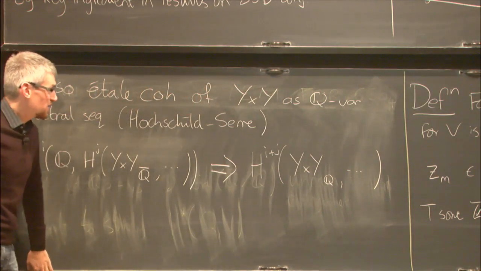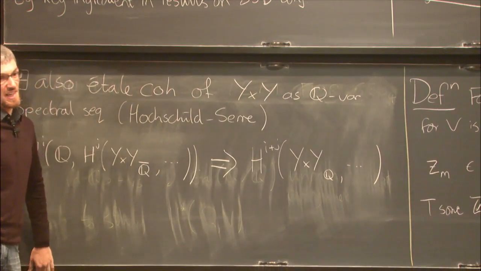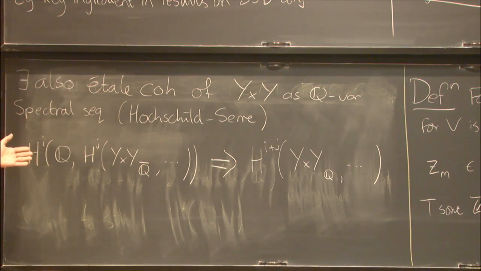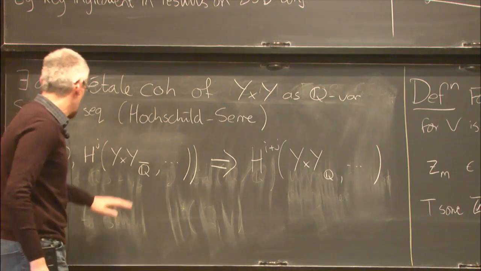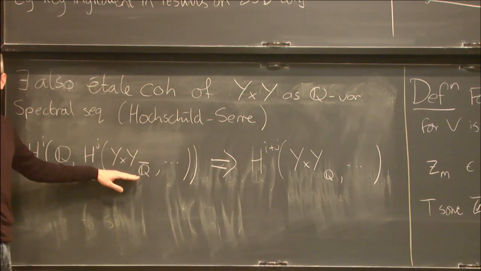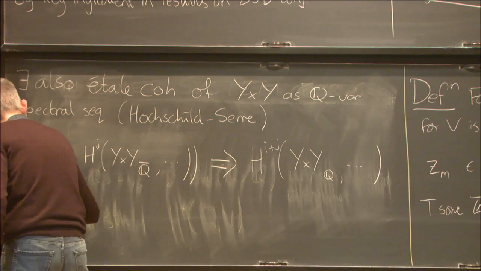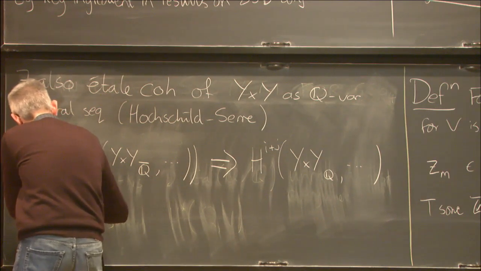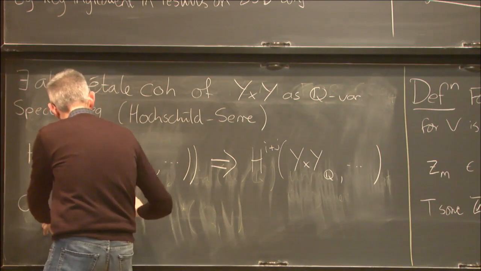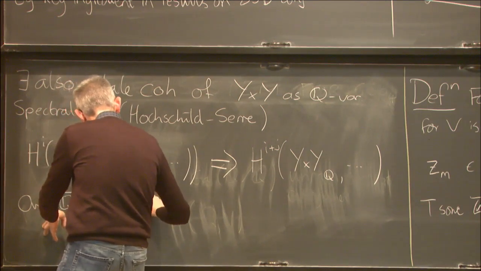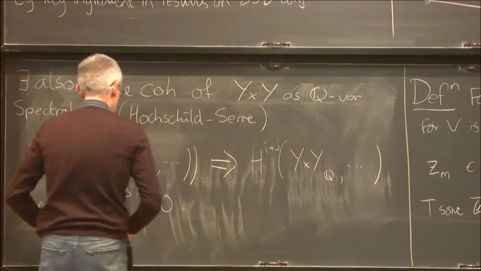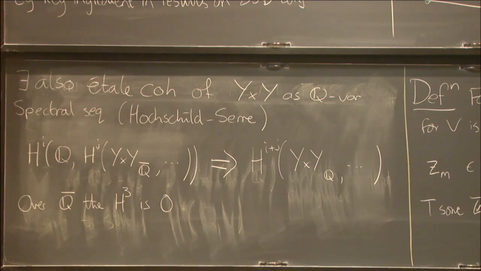So this is a very general construction, but in this case it actually simplifies rather a lot, because over Q bar this thing doesn't have cohomology in many different degrees. So the H3 is 0, it's an affine surface. And what we get out of that is an edge map.